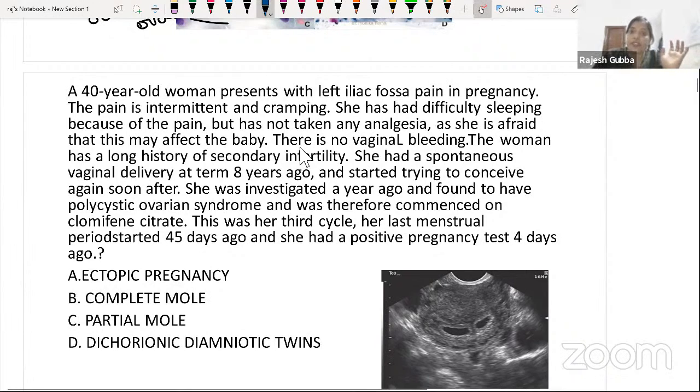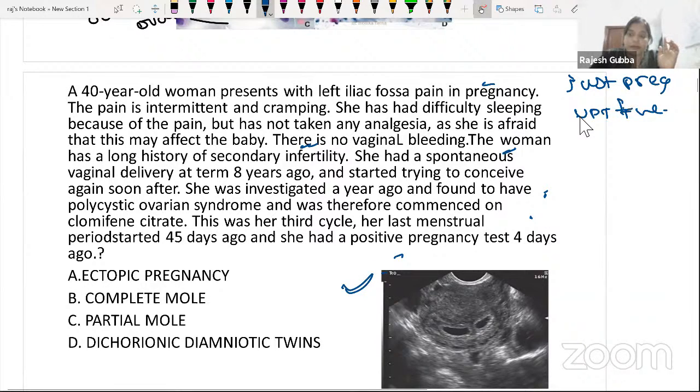First and foremost, she's just pregnant, and she got a scan done, which is showing something like this. And UPT is positive. That's what the just pregnant means, right?